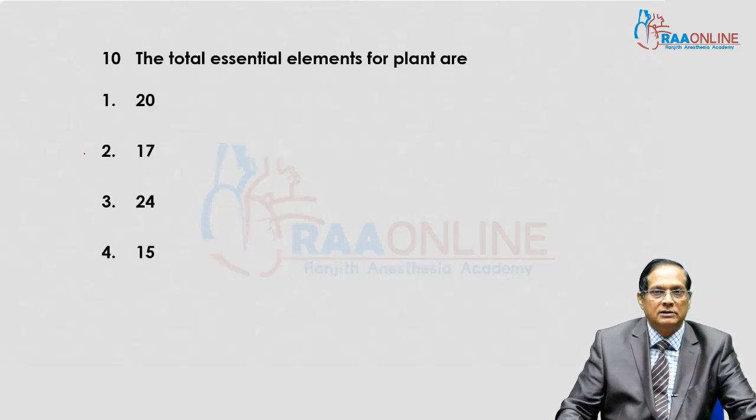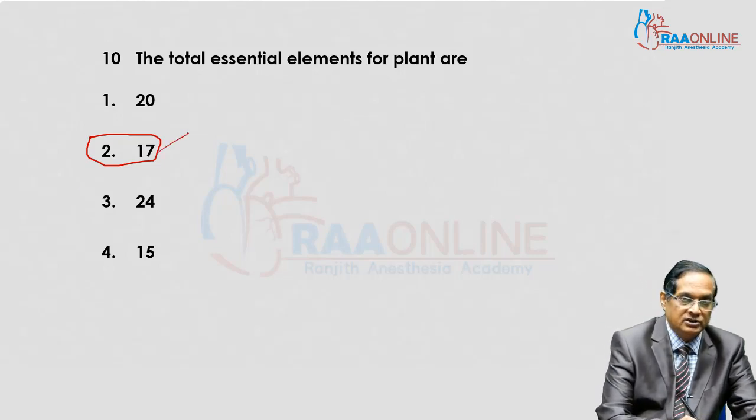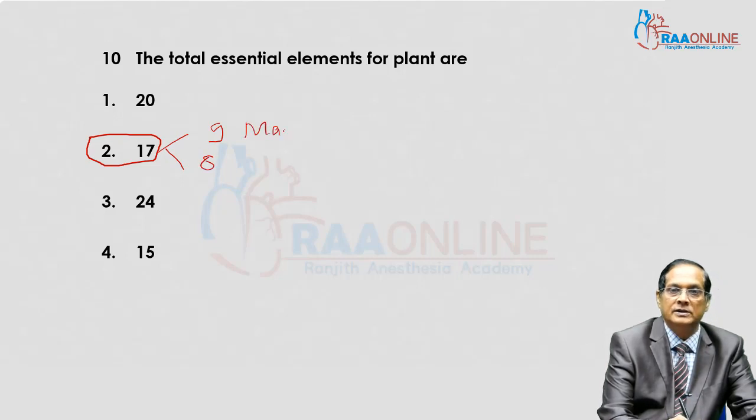Total essential elements in plants, I have given the list in the previous question, that is 17, out of which 9 are macro and 8 are micro. 9 elements are kept under macro, and the remaining 8 elements are kept under the micro category.